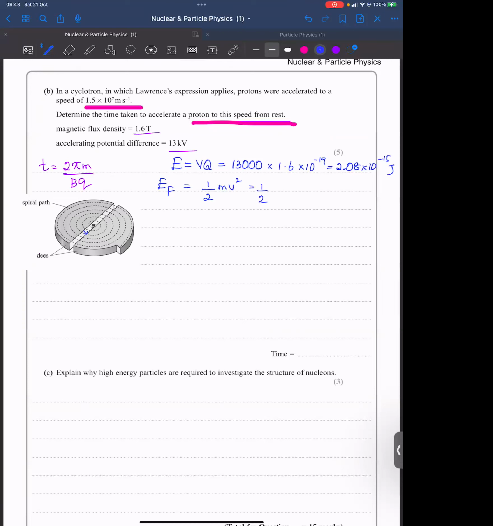Half into the mass of a proton, 1.67 into 10 to the power minus 27, into the speed 1.5 into 10 to the power 7, squared.